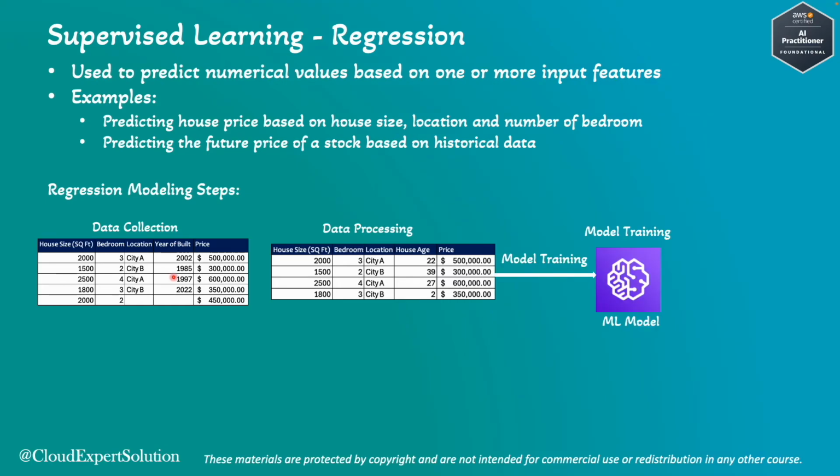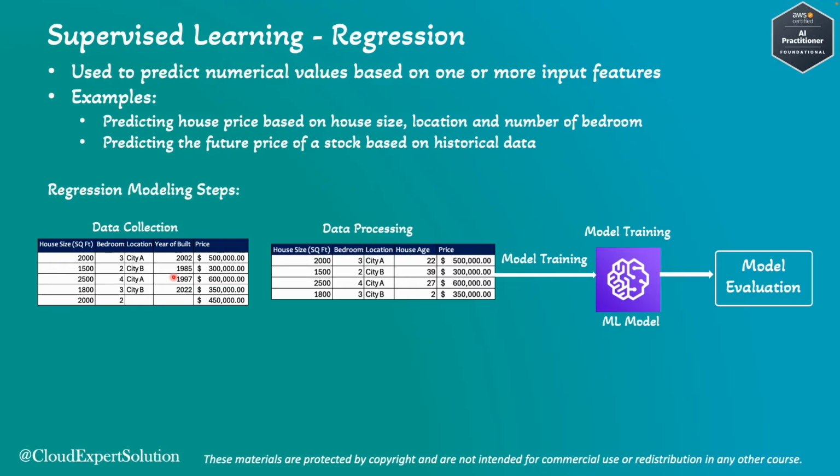Once the data is prepared, the next step is model training. In the training phase, we use the training data set to train the machine learning model. During training, the model learns the relationship between the input parameters and the outcome. For our example, it will be the house price.